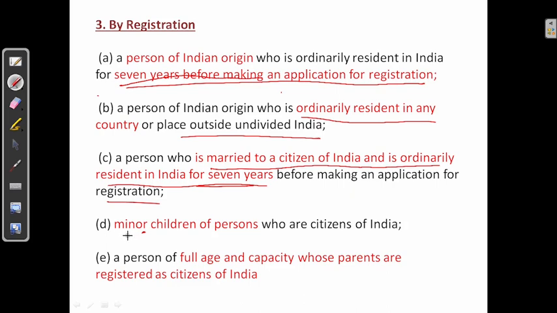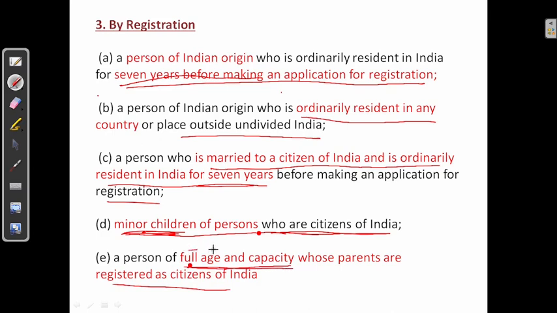Next, minor children of persons who are citizens of India. Okay, if persons who are citizens of India have minor children, they will get the citizenship of India through registration. Next, a person of full age and capacity whose parents are registered as citizens of India. What is full age and capacity?